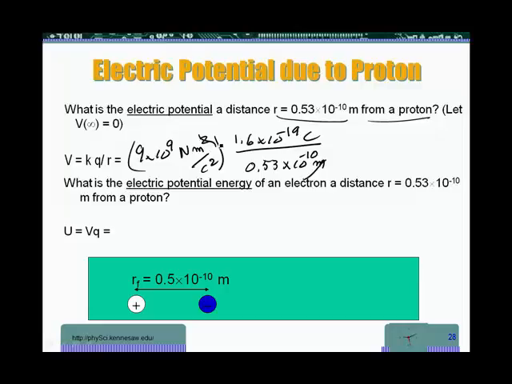See, one of the meters cancels with this, one of the coulombs cancels with this. Now I'll calculate it on the side here.